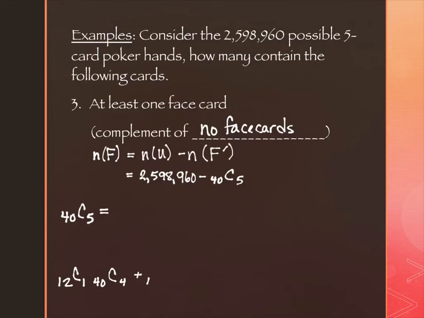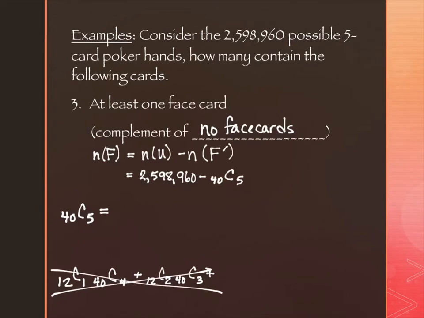And then you'd have 12 face cards, and you'd need to choose 2 of them. And of the other 40 cards, you'd need to choose 3. And you'd have to do this for all 5 of the different options that present themselves. So it isn't that you can't do it, it's just that it's a lot more work. Does that make sense? So this is doable, but just not desirable.